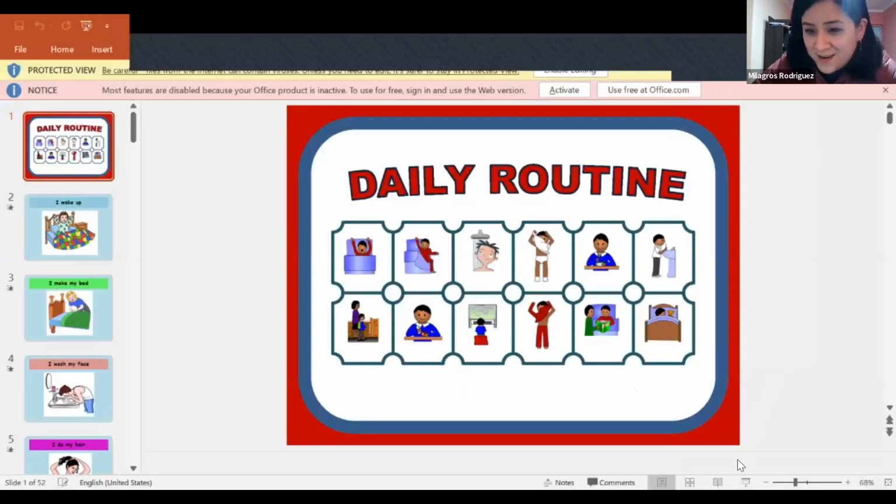Daily routine. Es importante saber la hora para básicamente conectarlo con nuestra rutina, ¿no? Para conectar nuestros horarios y poder expresar a qué hora hacemos tal o cual cosa, ¿no?